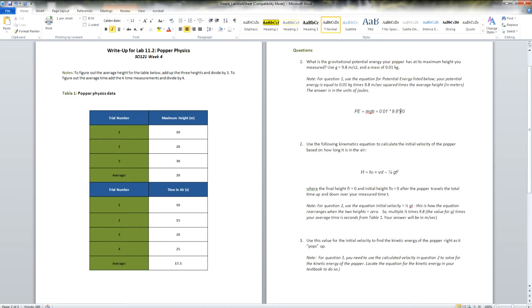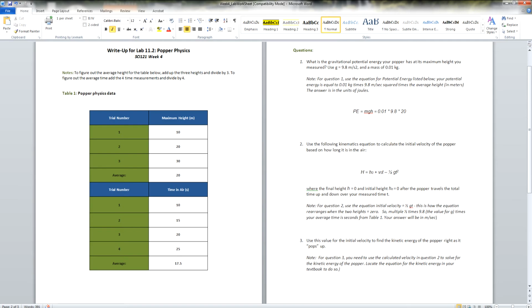Now look at the numbers I'm using here. Some of you were confused some time ago when we solved something with g. 9.8 meters per second squared doesn't mean that you have to square this number, just 9.8.